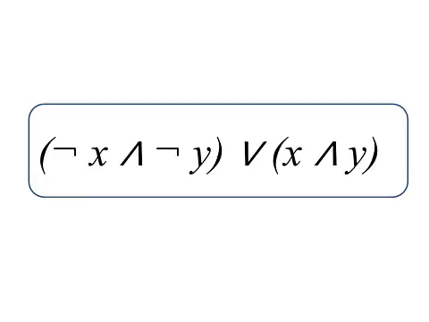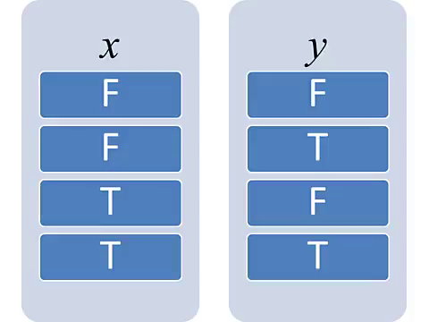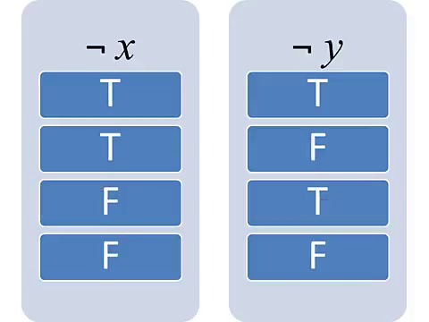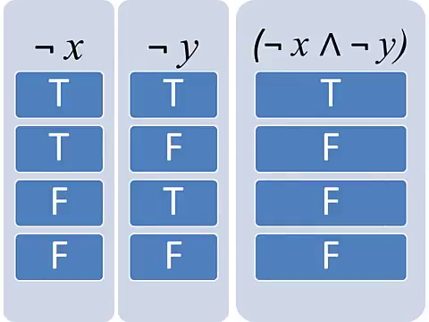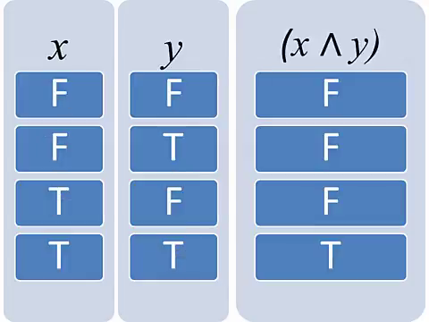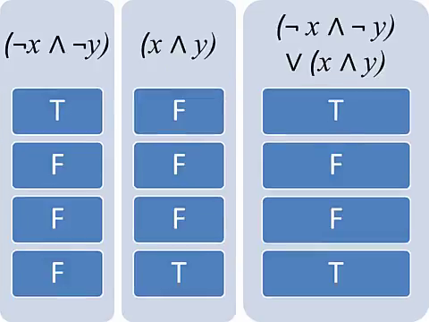And then those two parts are combined with an OR. So let's break those parts down into the columns of the truth table. X, Y, not X, not Y. Now the not X and the not Y are ANDed together. The X and the Y are ANDed together. And then finally those two parts are combined into the whole function.